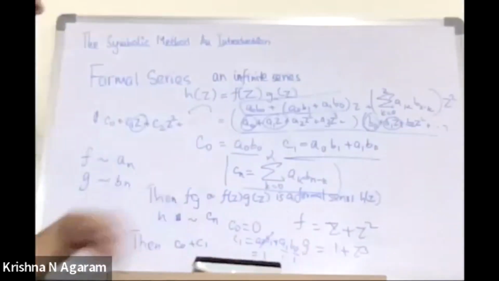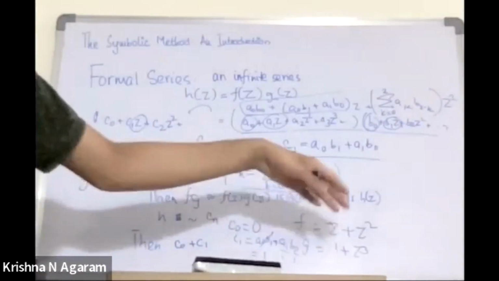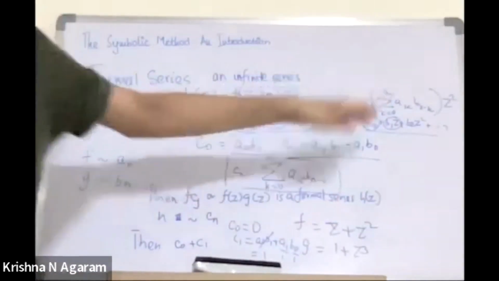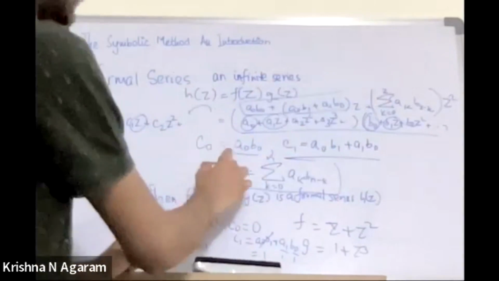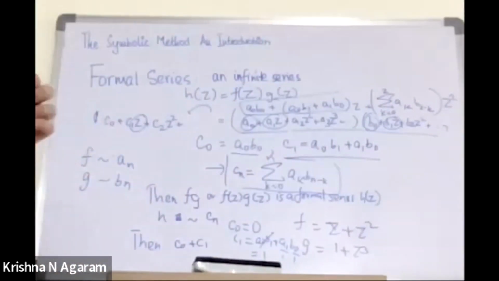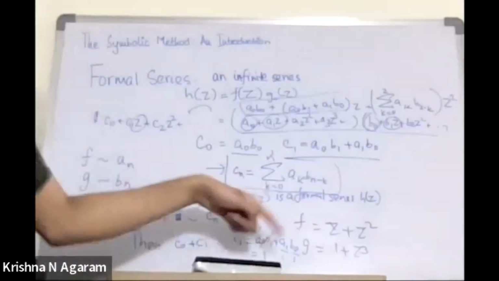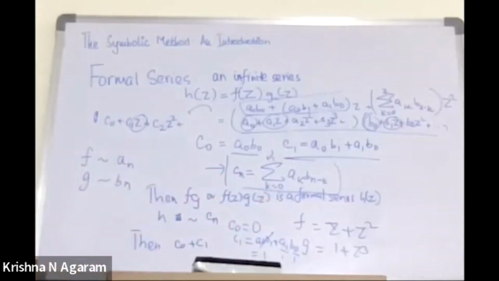You don't have to do this. You can just multiply them. And since we just saw that this multiplication gives exactly this, it's all right. You'll get the right answer for the coefficients here.